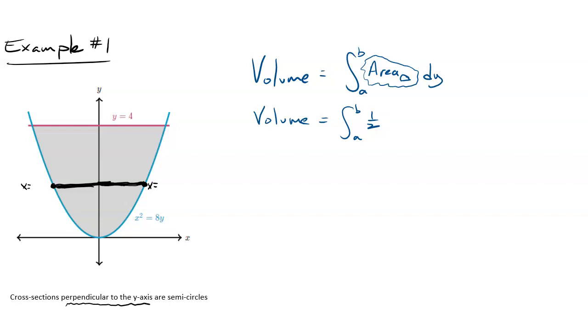It's not any earlier than a normal day, but man, am I tired today. So the half is because it's a semicircle. The pi r squared is the area of a circle. So really the only thing we need to figure out is r, the radius.